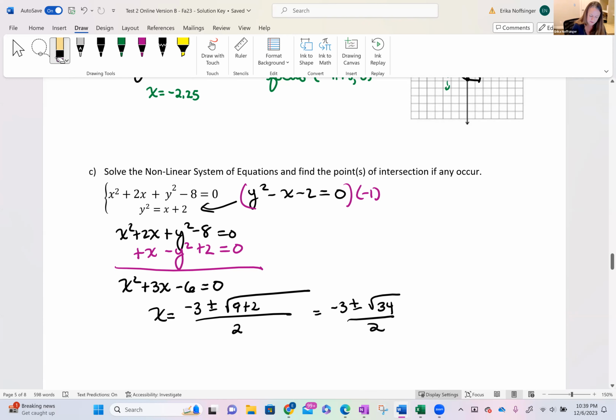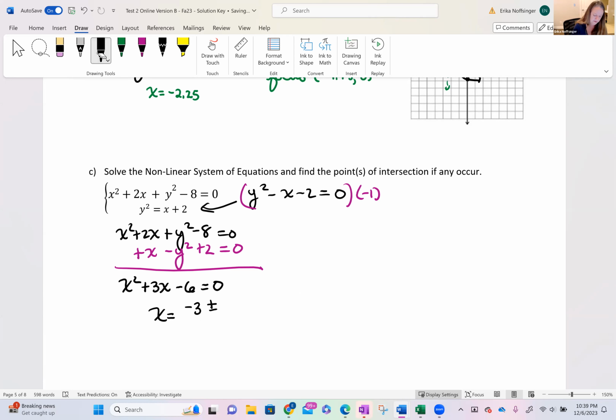So right here, negative 3 plus or minus the square root of b squared, so 9, minus 4 times a times c. So negative 4 times 1 times negative 6. It's going to give me plus 24 all over 2a, so all over 2.